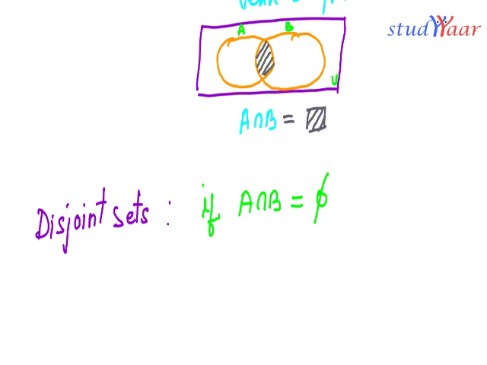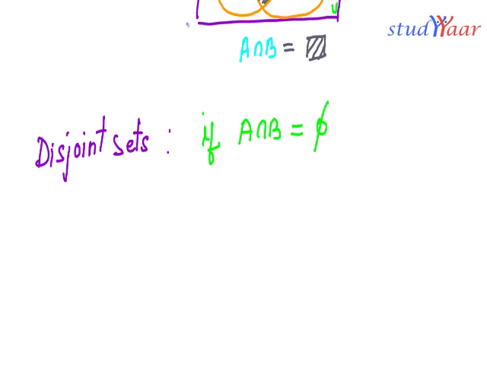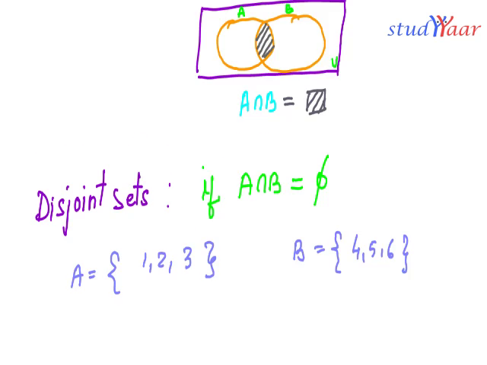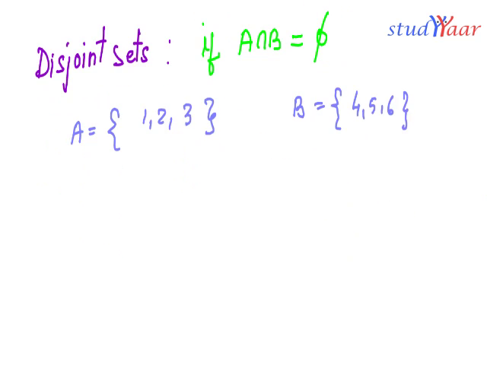Let us take A as {1, 2, 3} and let us take B as {4, 5, 6}. Then I can see that there is no element which is common in both A and B. Therefore, A intersection B is an empty set. Hence, I say A and B are disjoint.